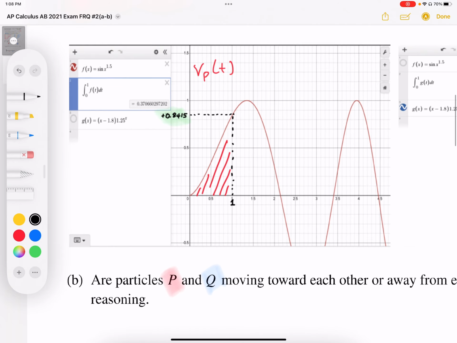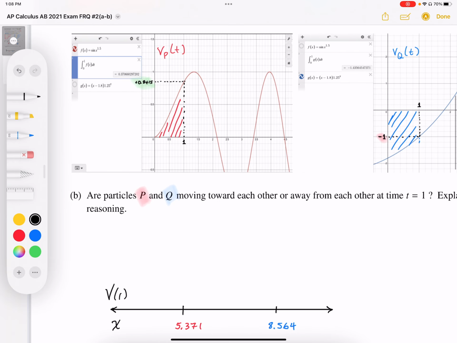So that's going to the right. The velocity is going to be going in this direction, positive 0.8415, so I'm going to round that to 0.842.